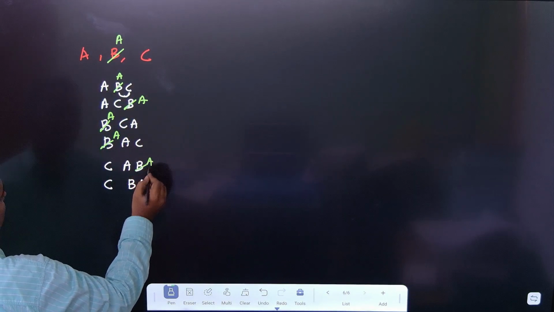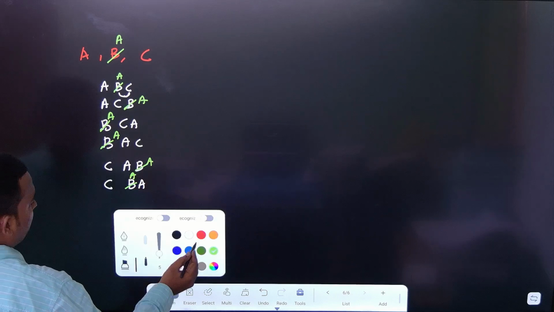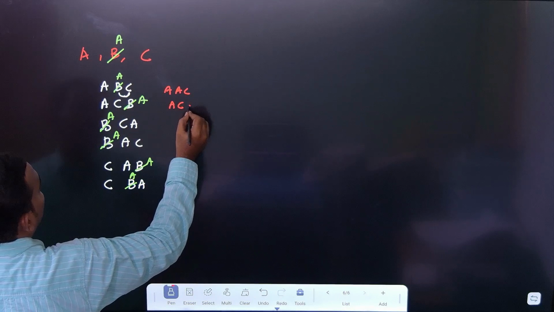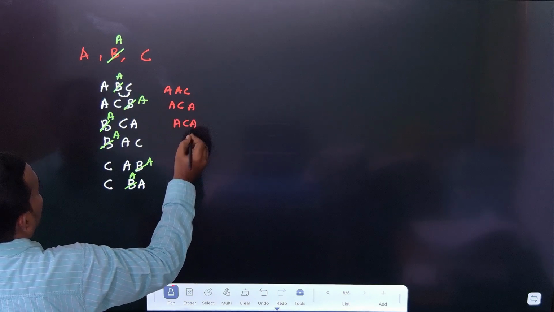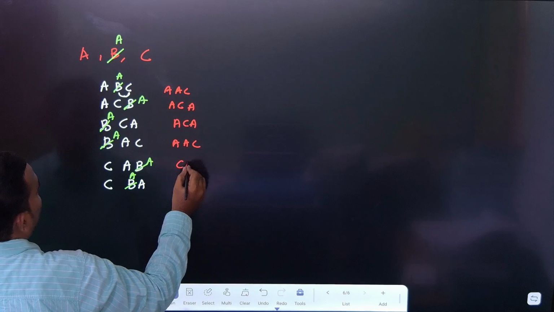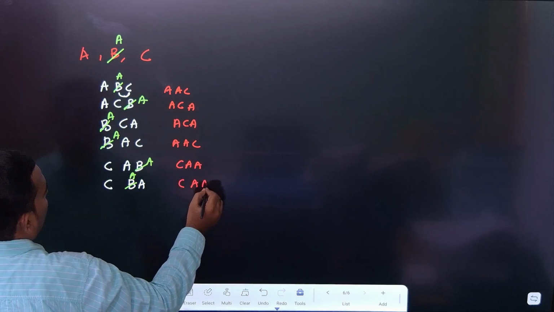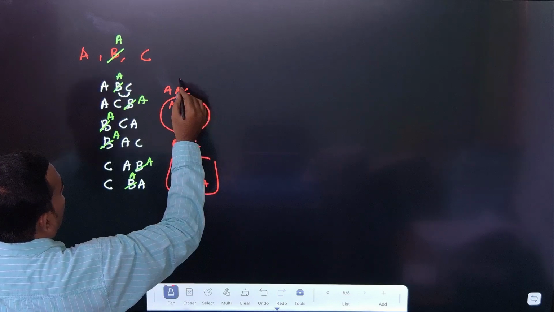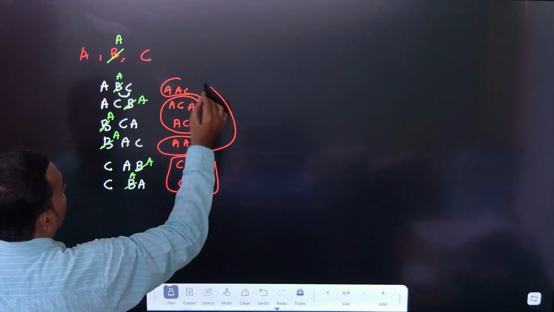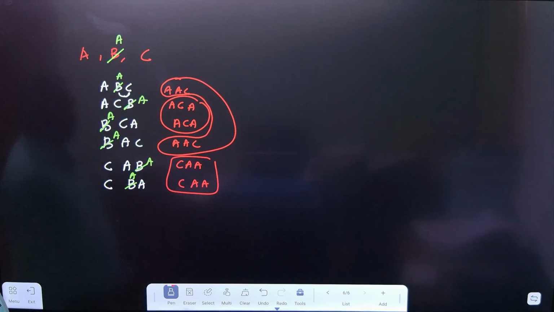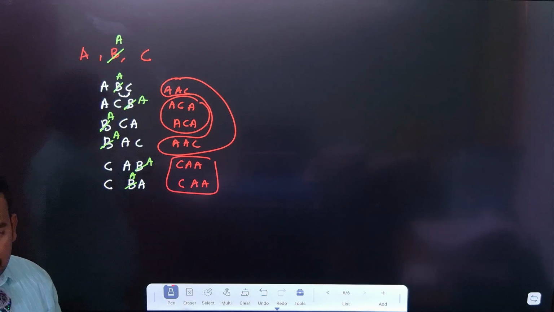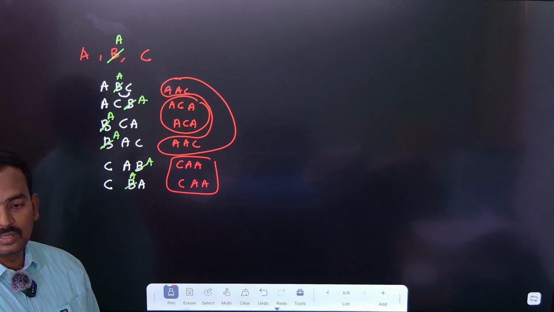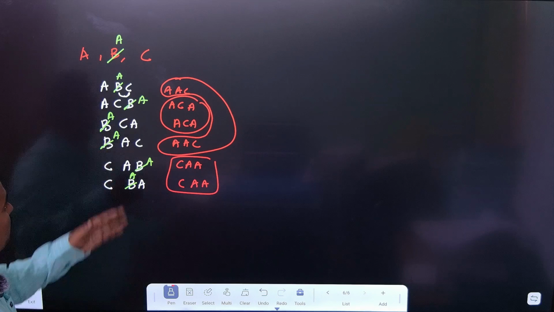So you get A, C, A, C, A, A, C, A, C, C, A, C, A. This would be the same, this would be the same, and this one would be the same. Clear? So if there are 3 letters and you want to permute them, how many ways? 6 possibilities.